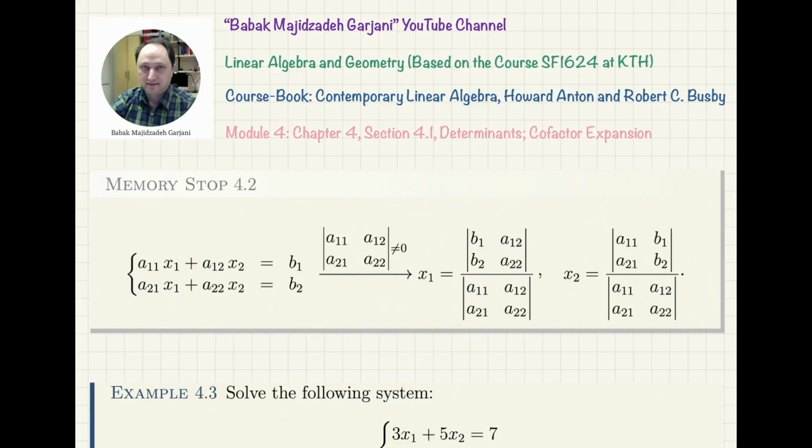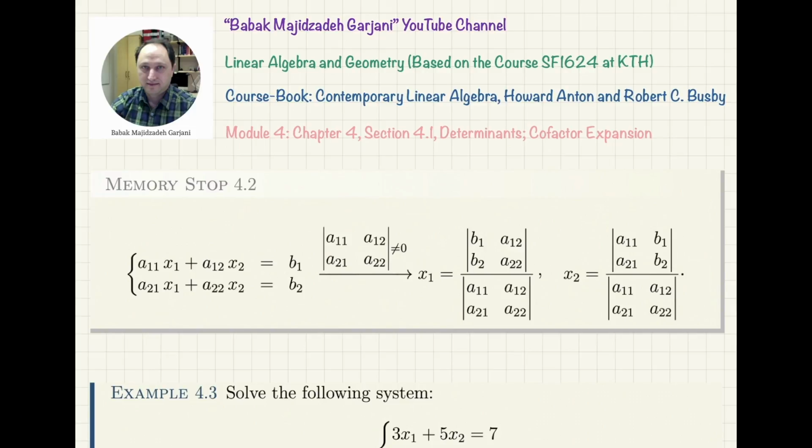Hopefully I could convince you that introducing this determinant symbol is useful and enables us to write the formulas regarding x1 and x2 in an organized way that, as we will see shortly, can easily be generalized. This phrase is important. Can easily be generalized.